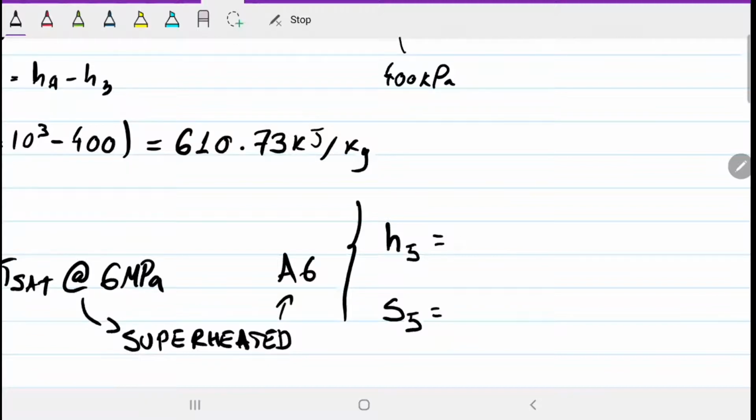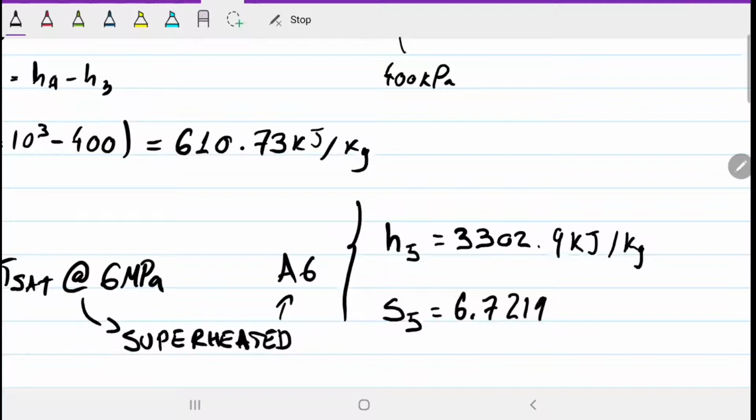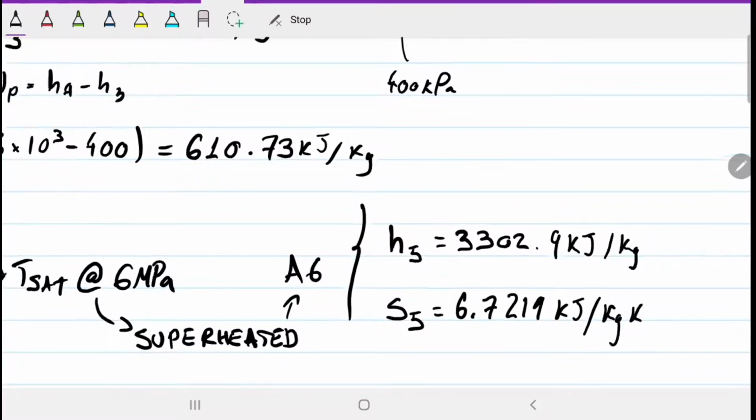So for 5, I got 302.9 kilojoules per kilogram, and the entropy 6.7219. And with that, I've defined state 5.